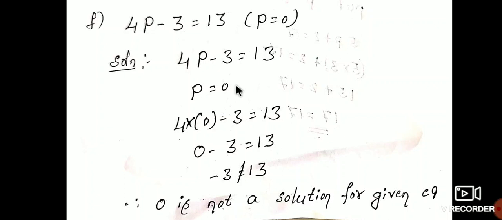That means we have to substitute the value p is equal to 0 in the above equation. So first we should write 4p minus 3 is equal to 13. So the bracket value they gave is p is equal to 0. So 4p means 4 into p. 4 into the p value, which is 0, minus 3 is equal to 13.